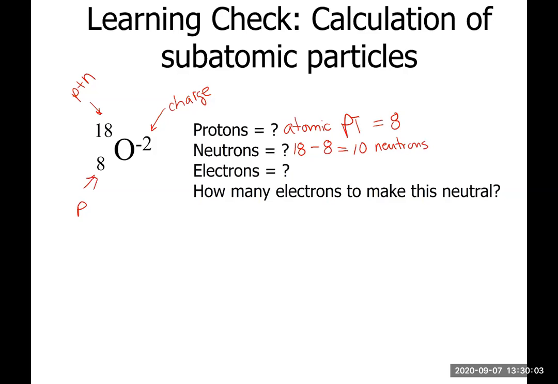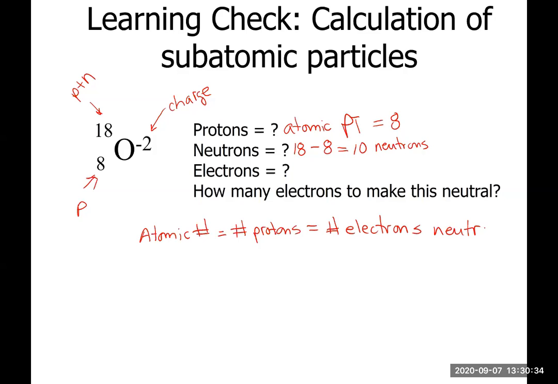The number of electrons, now this is a little bit more difficult when we think about if this species were neutral. If it were neutral, then the atomic number, which equals the number of protons, would also equal the number of electrons. Again, if it were neutral.